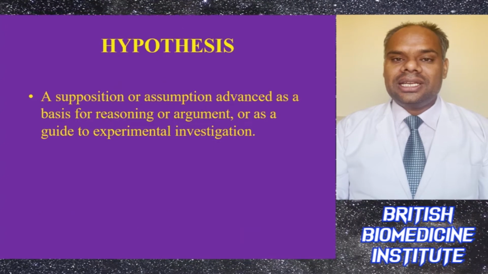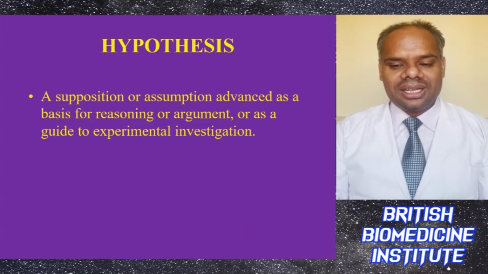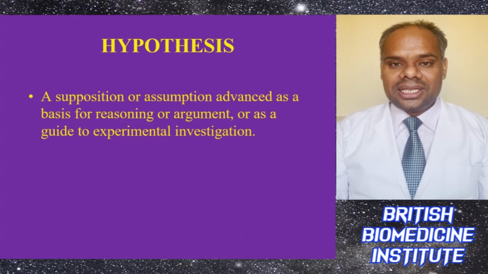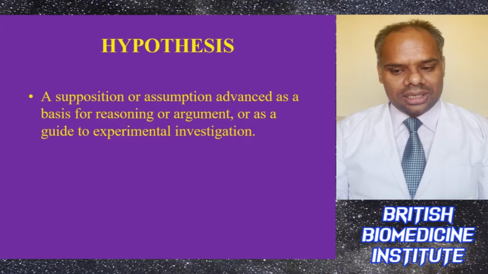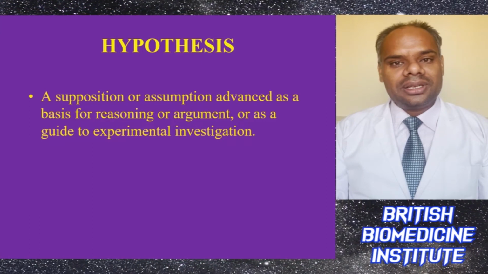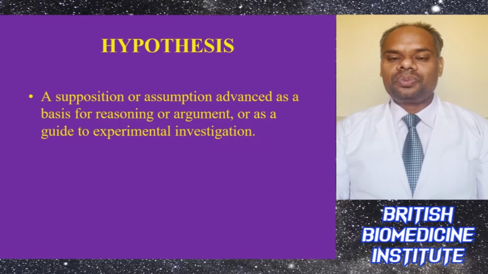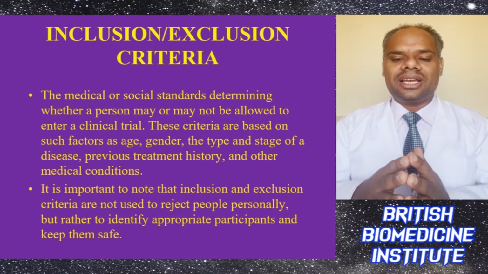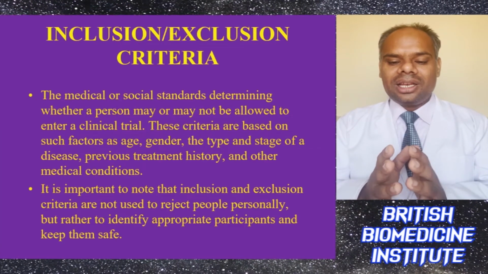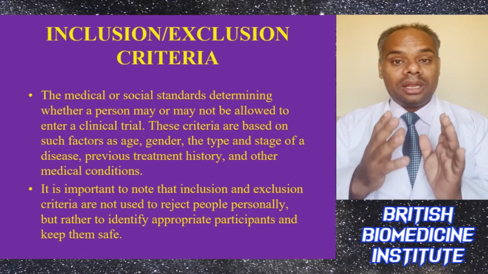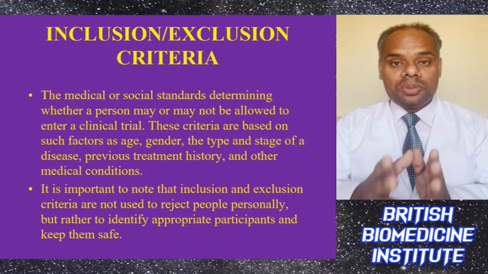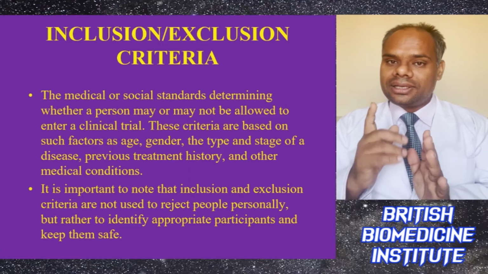Hypothesis. Basically, it is the supposition or assumption advanced as a basis for reasoning or argument, or as a guide to experimental investigations. Now comes inclusion and exclusion criteria. So basically, the medical or social standard determining whether a person may or may not be allowed to enter a clinical trial.